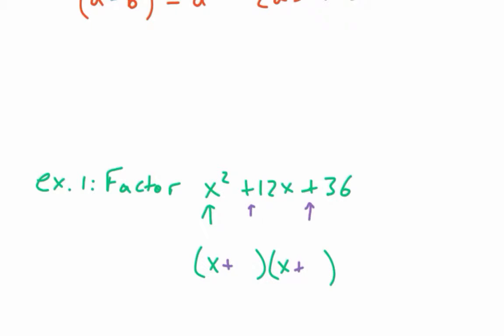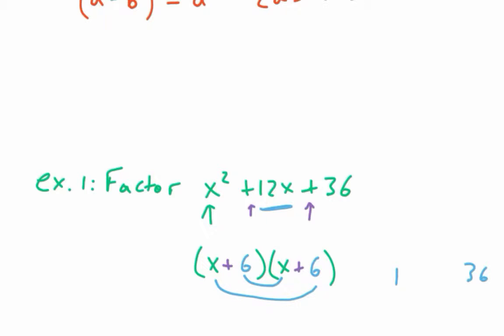And I'll end up with a positive number of x's. So then we'd say, all right, for my 36, that's 1 and 36, 3 and 12, 6 and 6, 4 times 9. But does anybody see what it has to be? 6 and 6, because now that gives me my positive 36 when I do 6 times 6, but also gives me a plus 6x for my plus 12x, right?